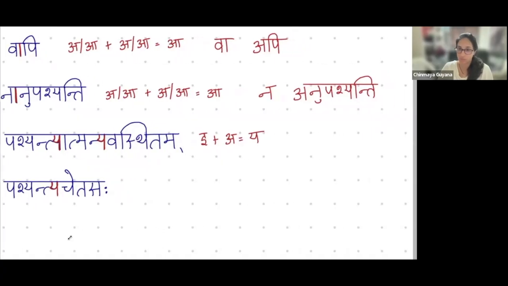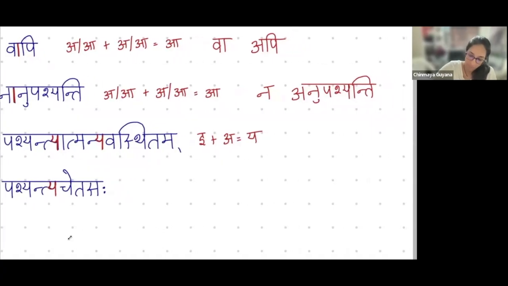It means no mistake options will be there. Paśyanti first. Oh, sorry. The first one is ā. Look, I'm looking at the yā. The next vowel was ā, not a. Paśyantyā.